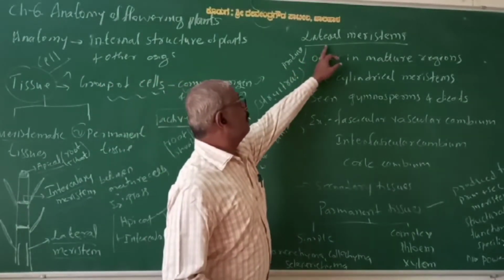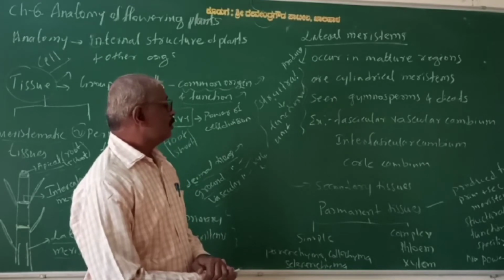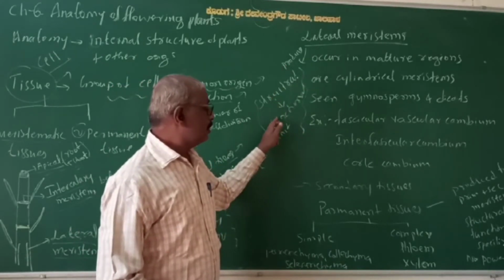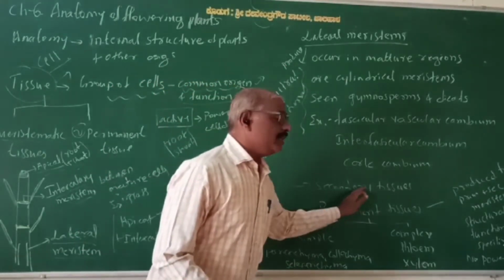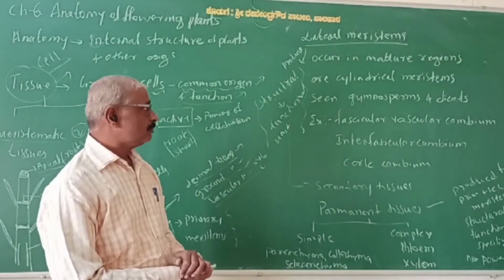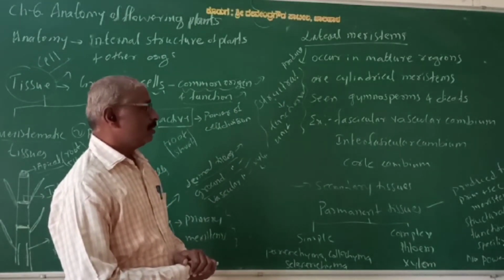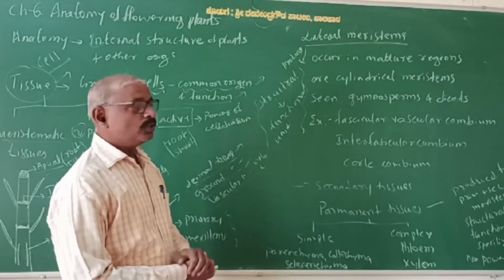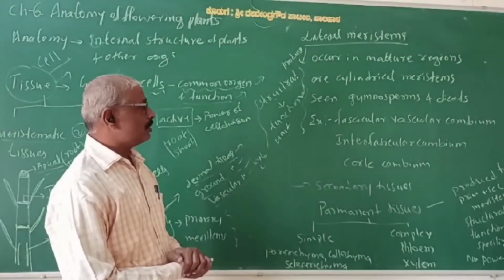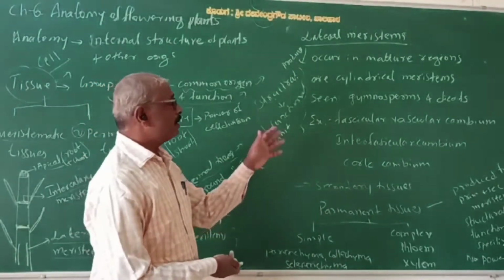These lateral meristems produce the secondary tissues. Secondary tissues ಗಳನ್ನ ಪ್ರೊಡ್ಯೂಸ್ ಮಾಡ್ತದೆ. So this is about lateral meristems. Intercalary meristems ಆಯಿತು, lateral meristems ಆಯಿತು.